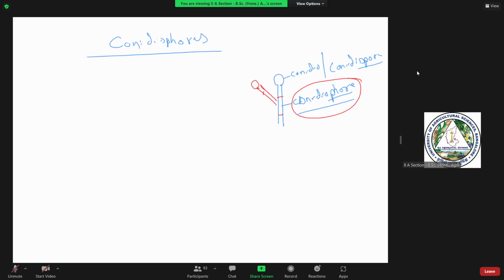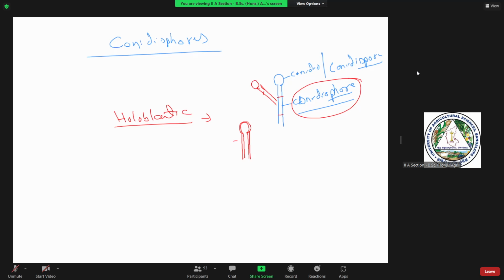The conidiophores can be of different types. One is called holoblastic. In holoblastic conidiophores, the inner and outer membrane of the conidiophore contribute to the conidium formation.